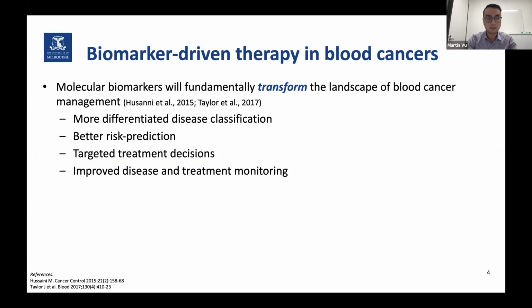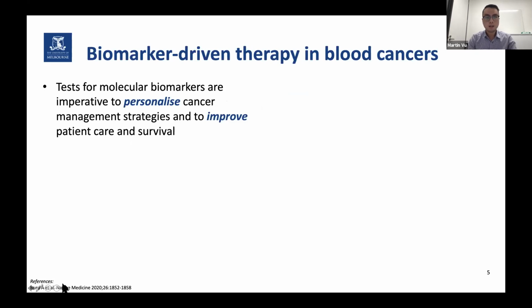In particular, the detection of molecular biomarkers will lead to better, more differentiated disease classification based on the molecular profile of the blood cancer, better risk prediction, more targeted treatment decisions, as well as improved disease and treatment monitoring. And so tests for molecular biomarkers are imperative to personalize cancer management strategies, as well as to improve patient care and survival.